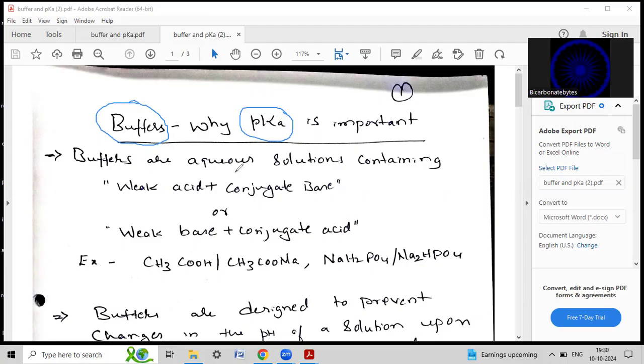Think about a situation where you're trying to homogenize cells, and in case you end up lysing lysosomes, then without a buffering component, the lysosomal enzymes may degrade critical components of a homogeneous system, because lysosomal enzymes are all degrading enzymes.